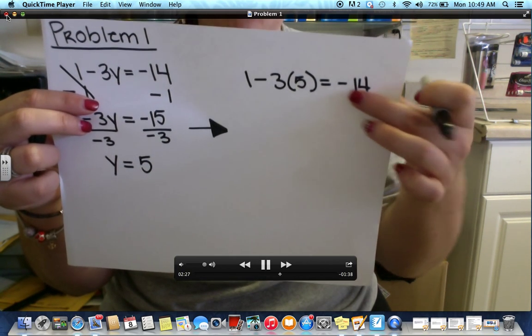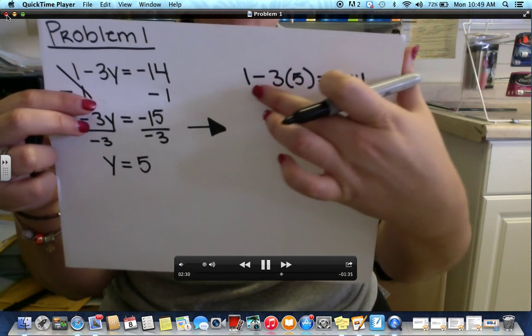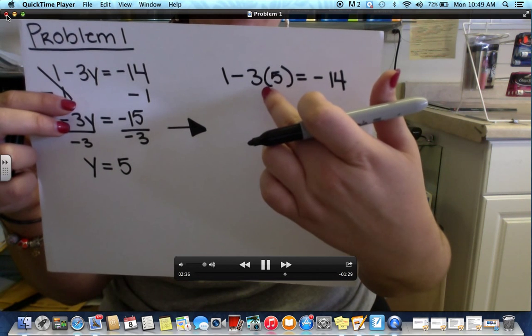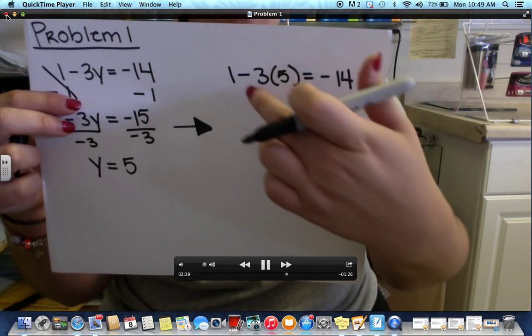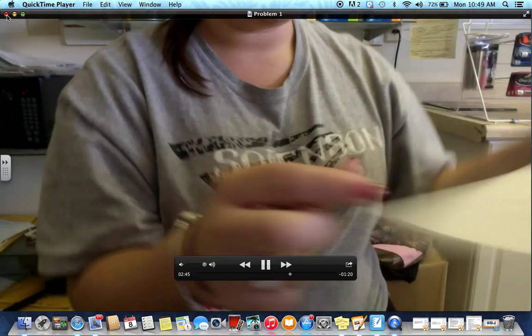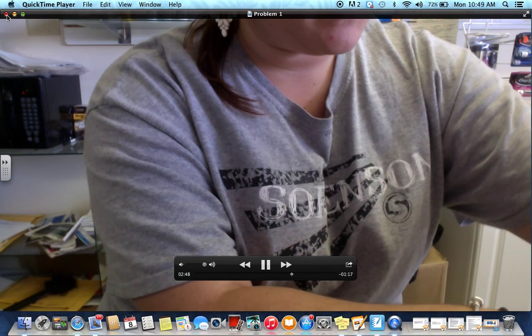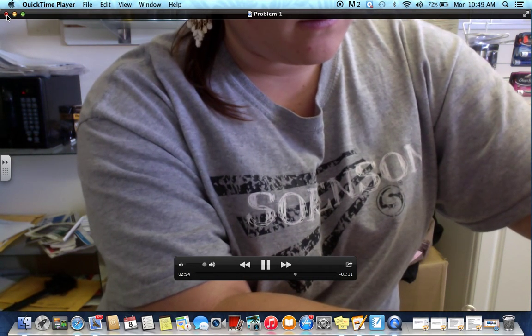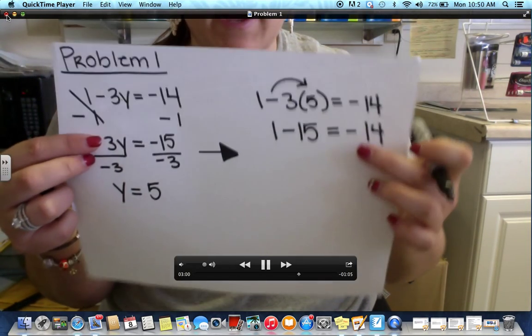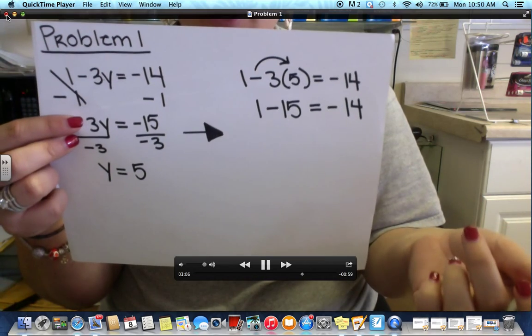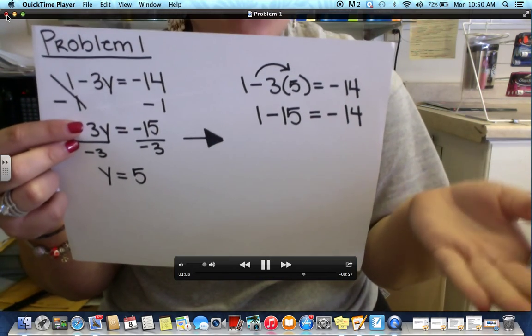Now I put the y in, and I get to solve the problem step by step. So you have to distribute the -3 with the 5, so it'll be 1 - 15 equals -14. So now we have 1 minus 15 equals -14. So therefore, 1 minus 15 is -14.